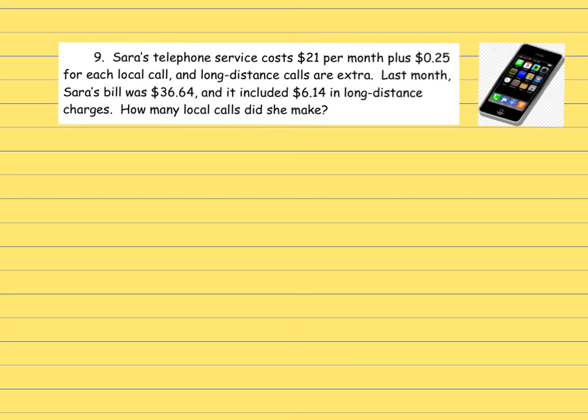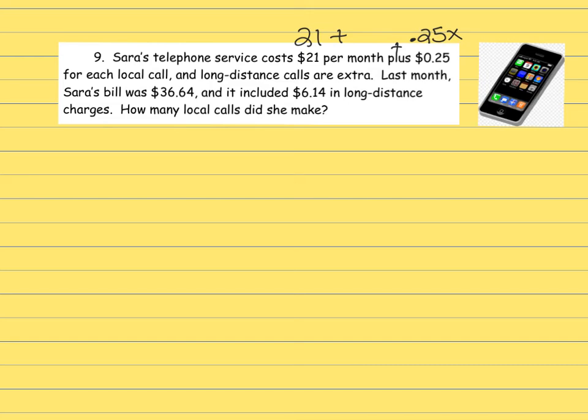So Sarah's telephone service costs $21 per month. That's a standard fixed cost. And 25 cents for each call. So that's going to be written as a product next to the unknown number of local calls that she makes. Long distance calls are extra.